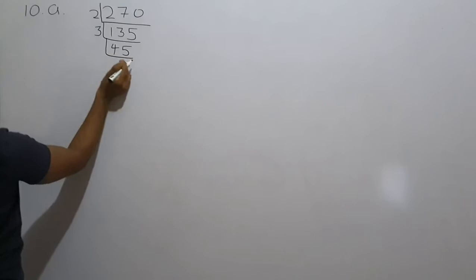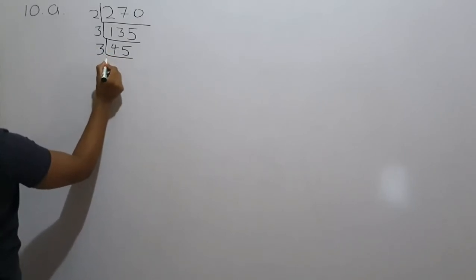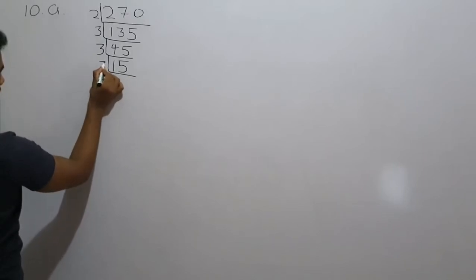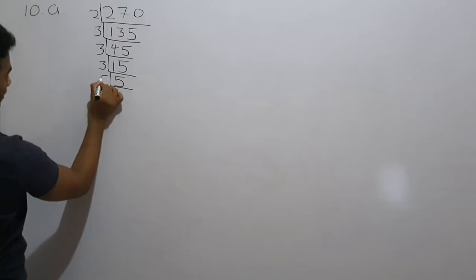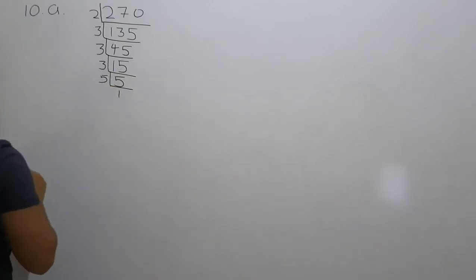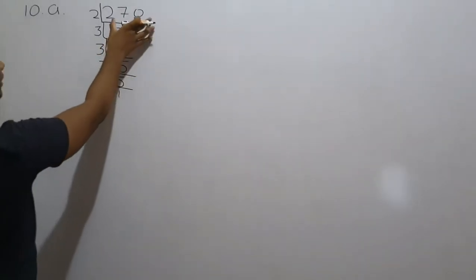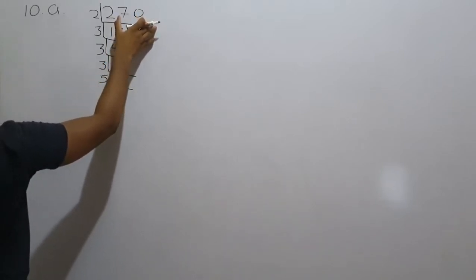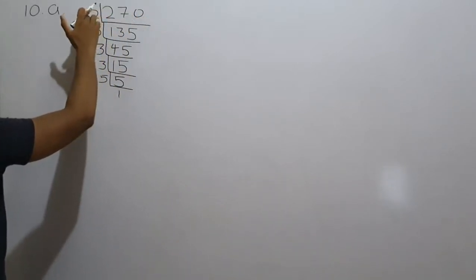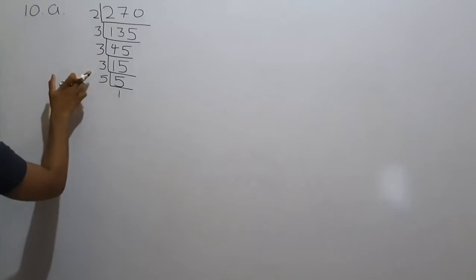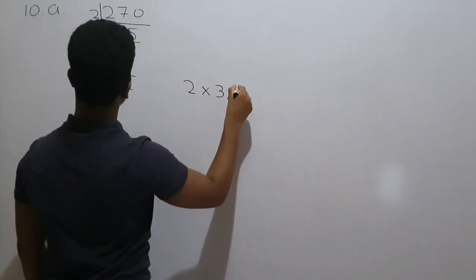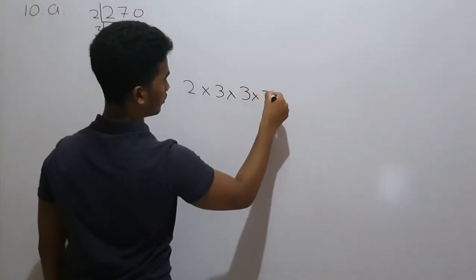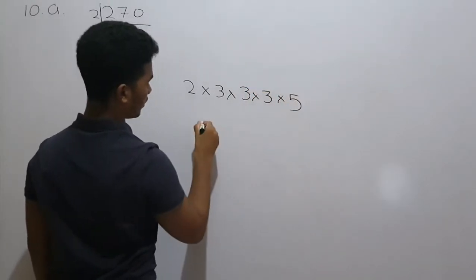Again you can divide 45 by 3, you will be getting 15. Again 15 can be divided by 3, you will be getting 5. 5 can be divided by 5 to get 1. So 270 as a product of prime factors is 2 into 3 into 3 into 3 into 5. You can write it like this.